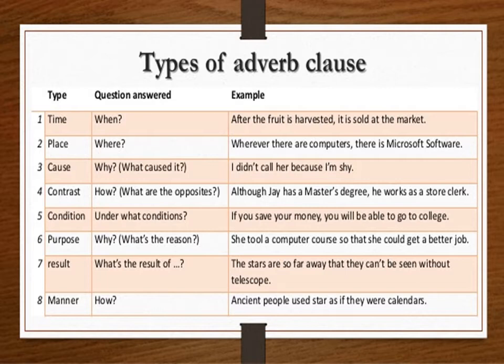And then the last one is manner, to answer the question how they do it, how she does it, how did he do it. For example, ancient people used stars as if they were calendars.